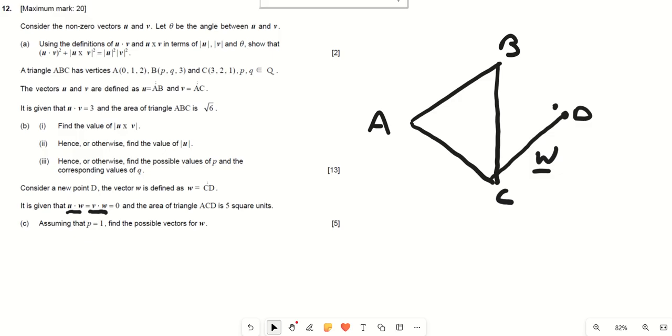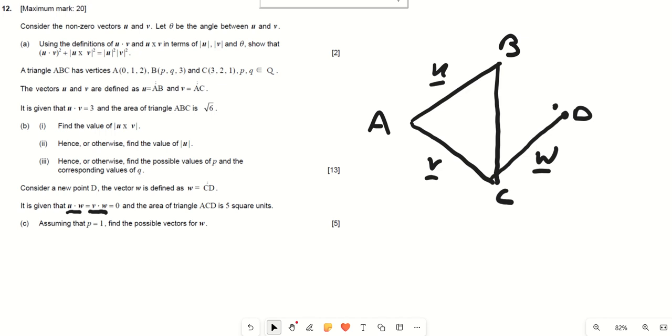It means that the vector W is perpendicular to AC, the vector V, and also to the vector U.